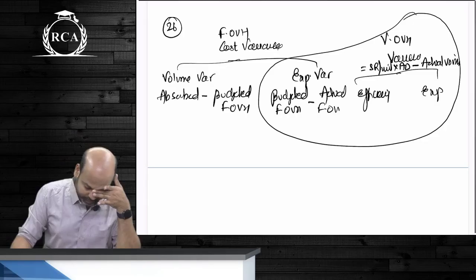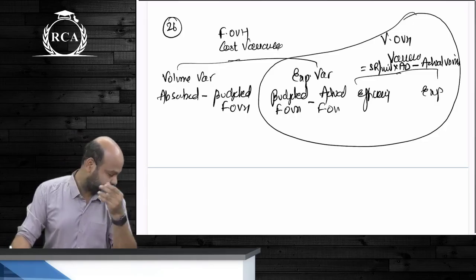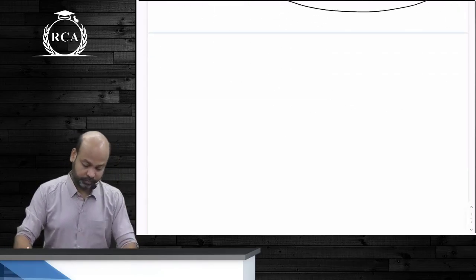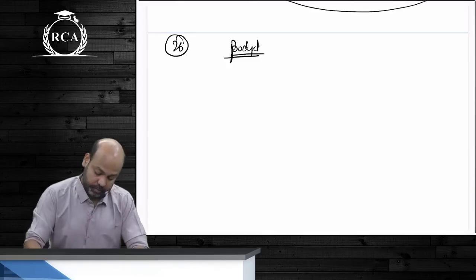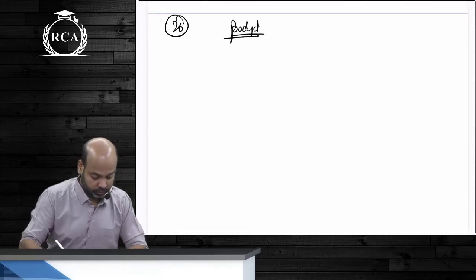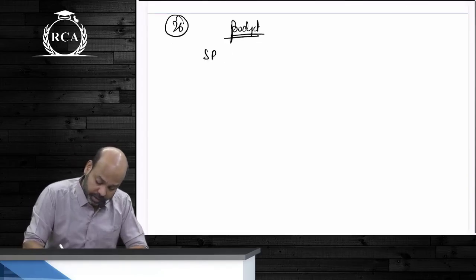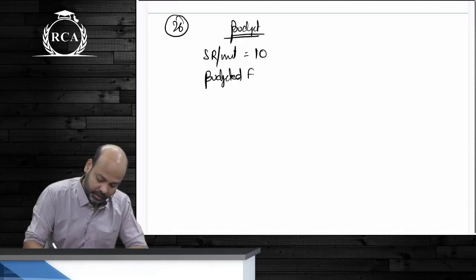Now guys, write down. I'll explain. Standard rate per unit is given as 10 rupees. Budgeted fixed overheads are 1 lakh.